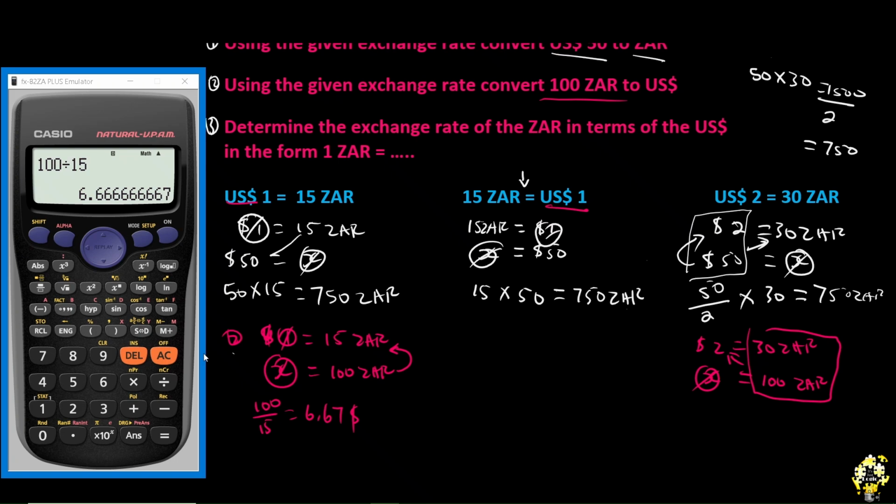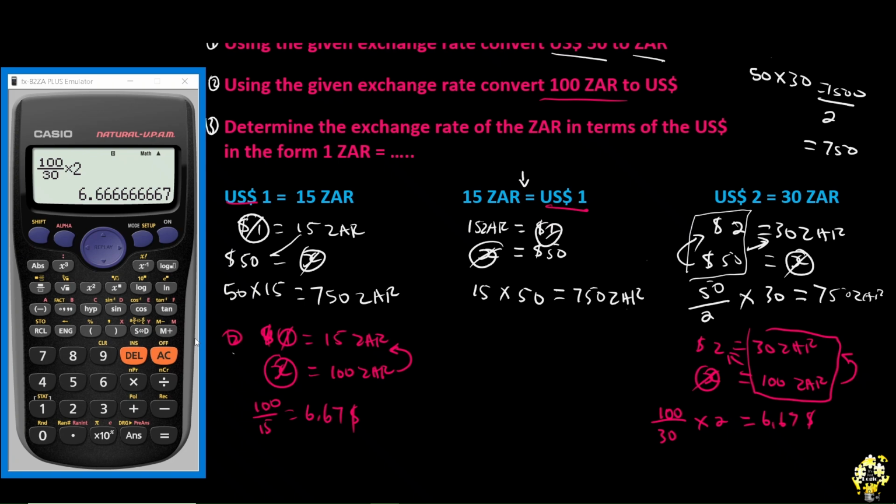You multiply. So remember, it's not 30 divided by 100. No, it's 100 divided by what is at the top: 100 divided by 30 multiplied by 2. Let's see what we get. When you divide 100 by 30 and multiply by 2, you still get 6.67, rounded off to 2 decimal places.